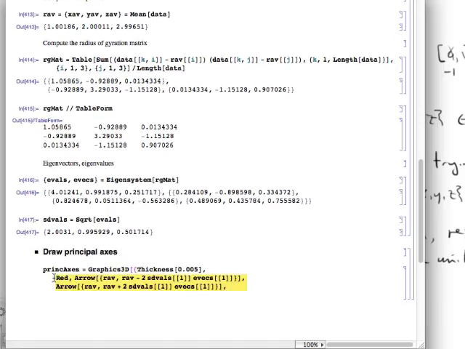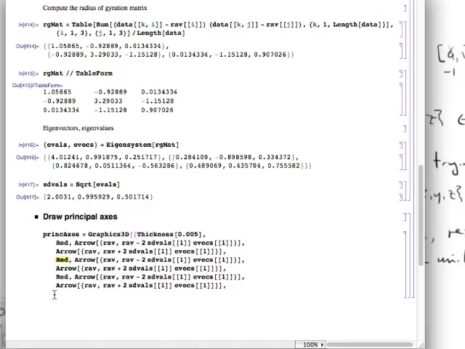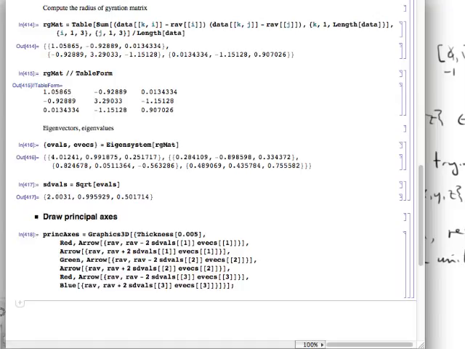And now I'm just going to copy that to do the second and third one, but I'll change their colors, and change these indices so that instead of the first width in the first direction, I'm talking about the width in the second direction, and along the third direction. Like so.